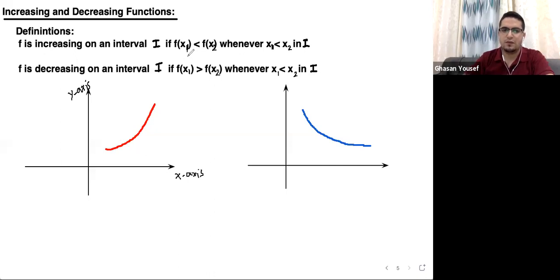The reason we say the function here is increasing: if we apply this definition, first of all, x1 is less than x2. So this point is x1 and this point is x2. Actually x2 is greater than x1, because for example if we have 1 here, here we're going to have 3 or 4 or 5.